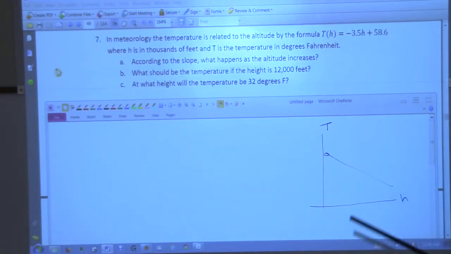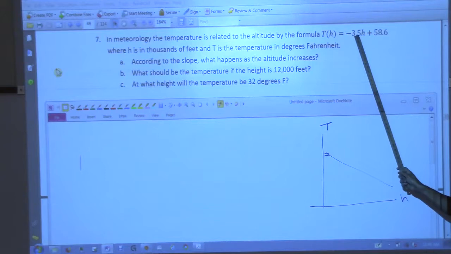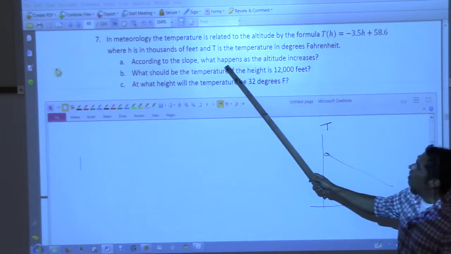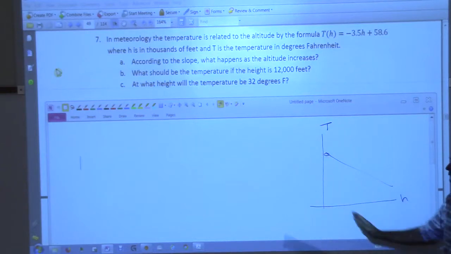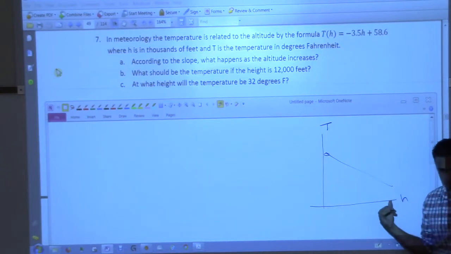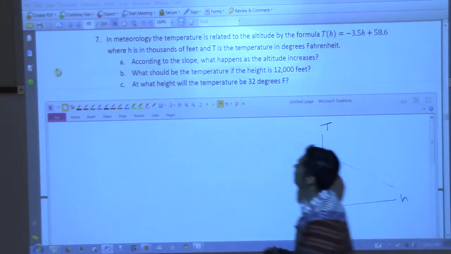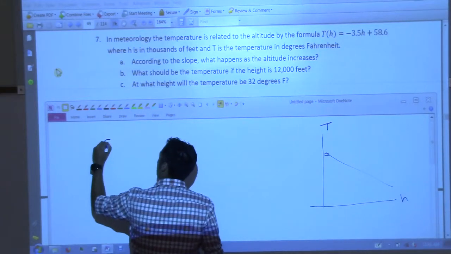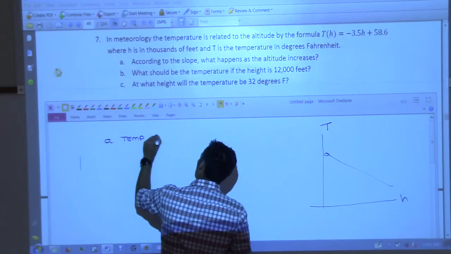So you can answer this question by just looking at the slope. Because the slope was negative, you know that as the altitude increased, as the height increased, your temperature would be going down. Does that make sense, everyone? Okay, so for part A, you would need to say temperature decreases.